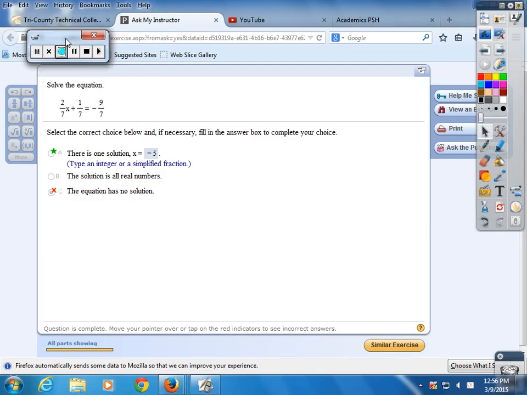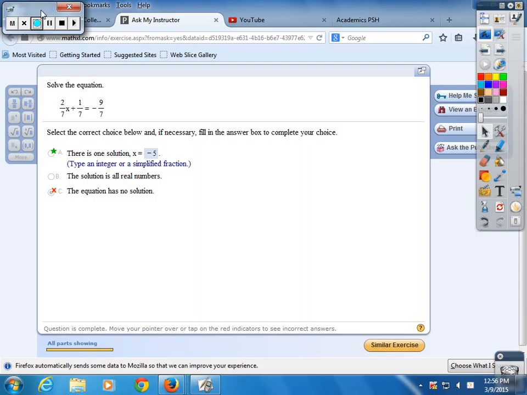What's the first thing I'm going to do with this problem? Clear the fractions. First thing I'm going to do. Now you don't have to. Since everything's got a common denominator, you could use fractions.